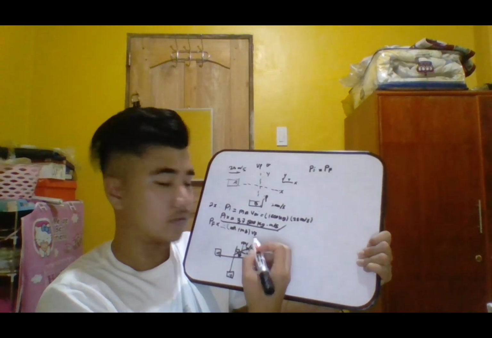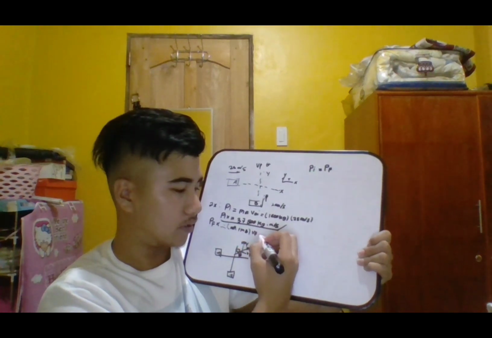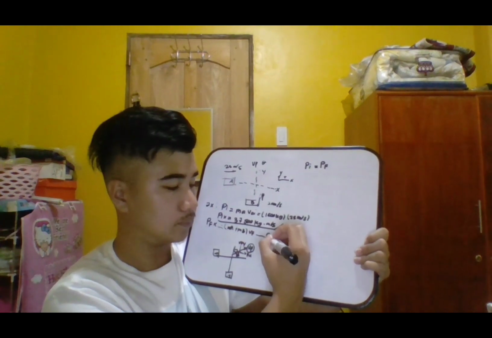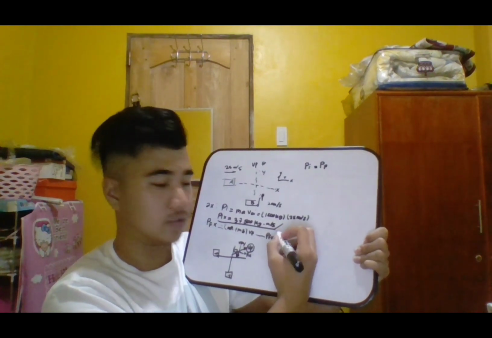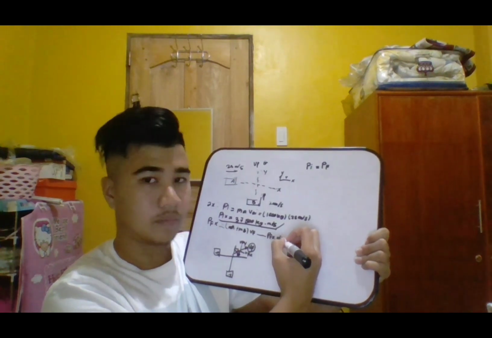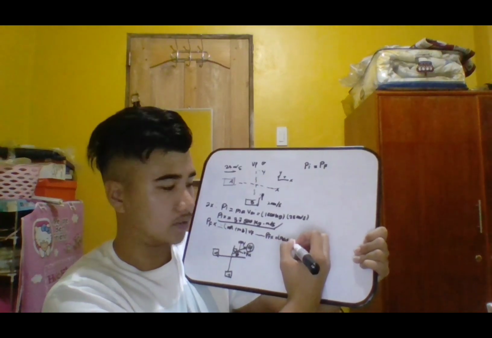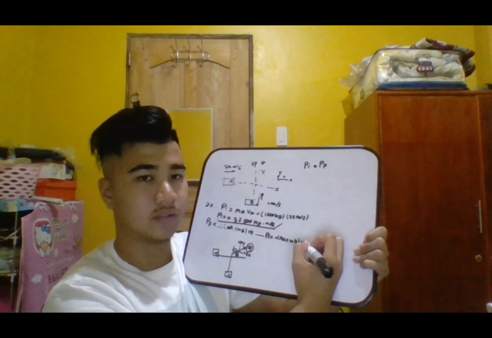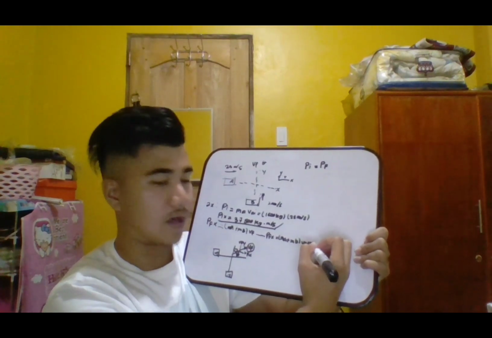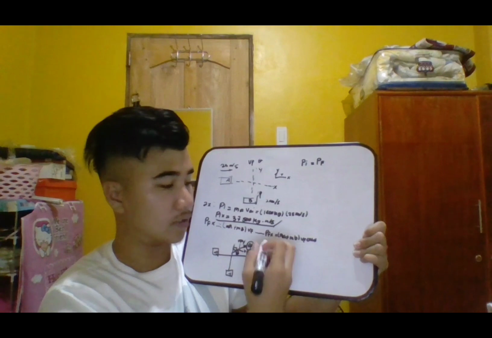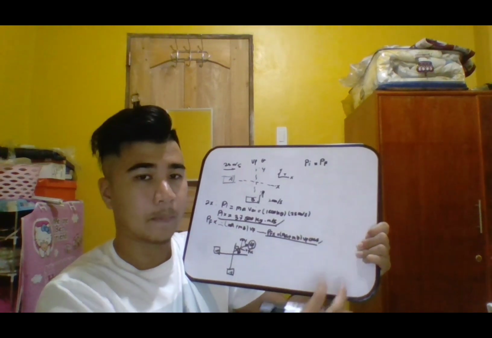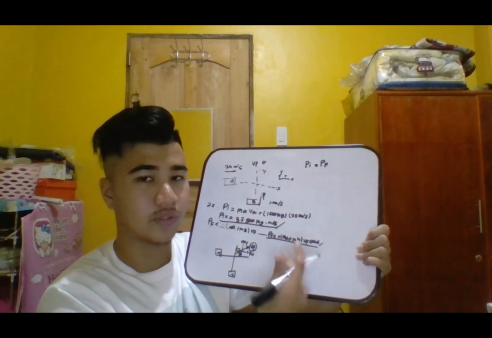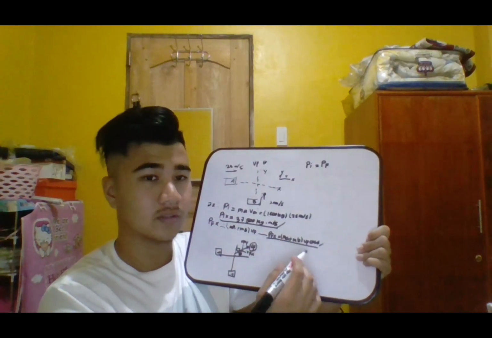Final momentum at x is equal sa mass A plus mass B times sa final velocity cosine theta. Ito yung ating equation na gamitin. Ito yung equation ng final momentum at x component.